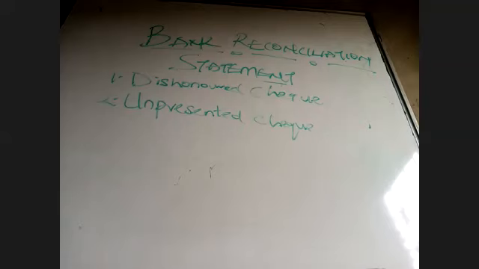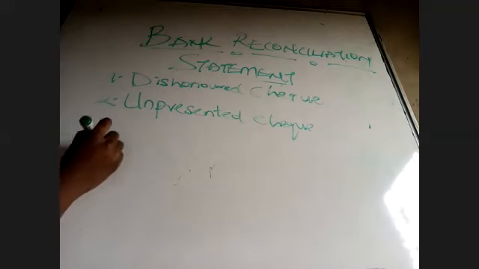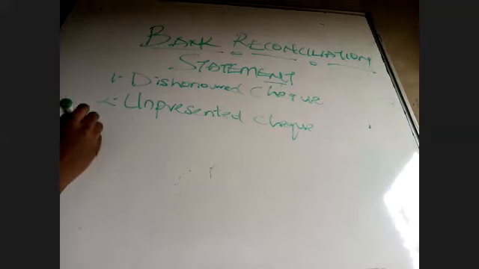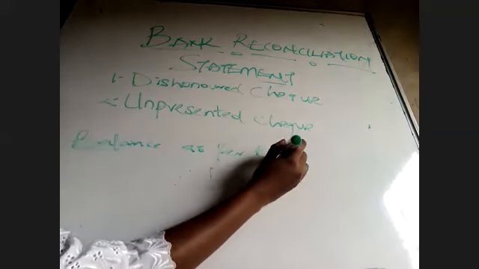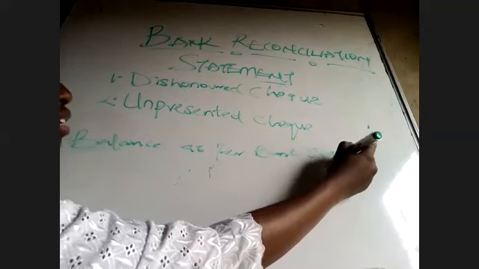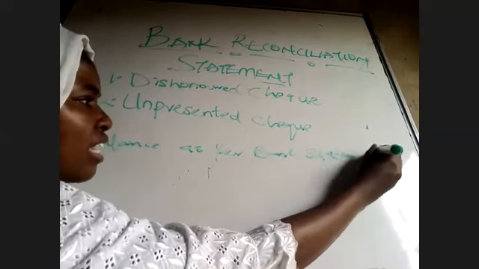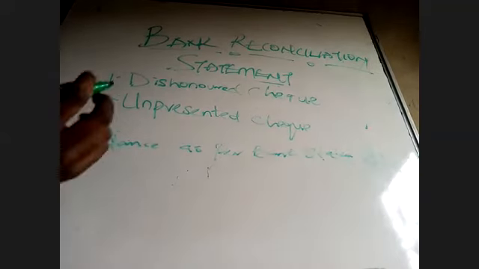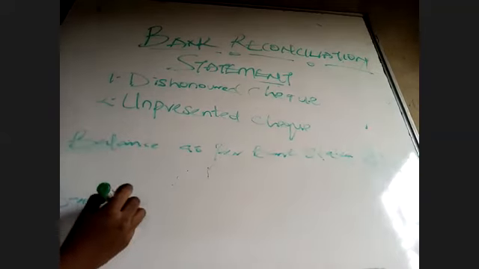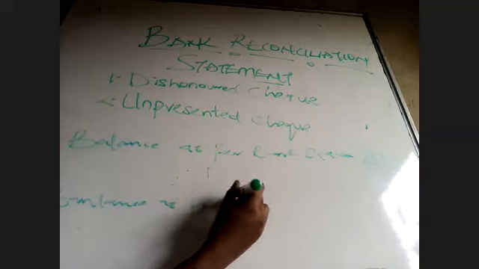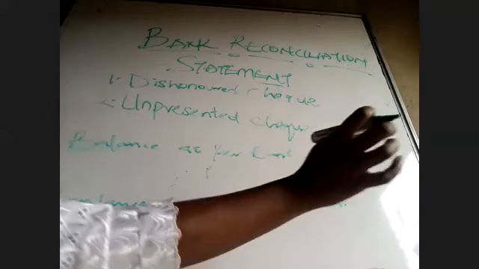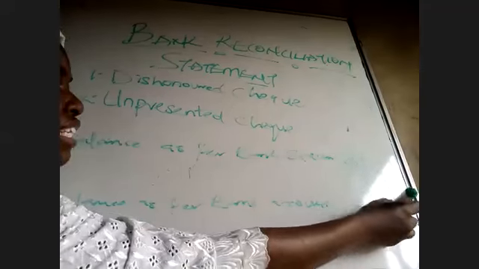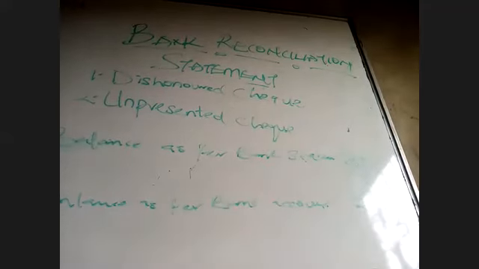That's the kind of scenario, because at the end of the day, the bank will be having a balance as per bank statement. When you see something like 300 naira as the balance as per bank statement, and the bank account the company is maintaining is seeing 200 naira, it means they've actually issued out a check of 100 naira, but the person has not presented it.